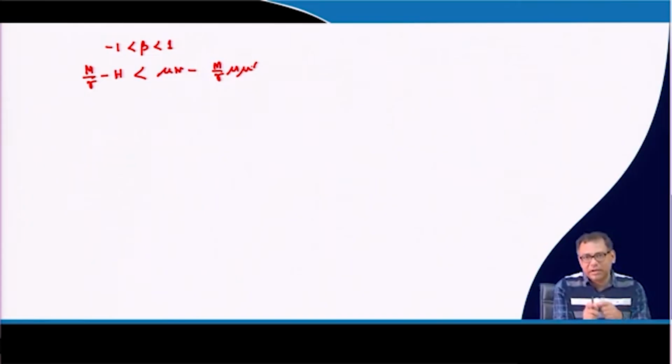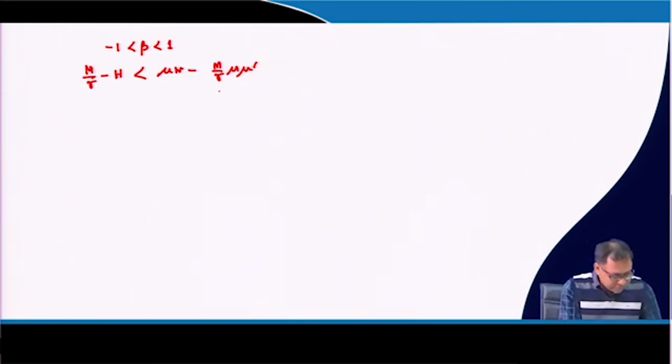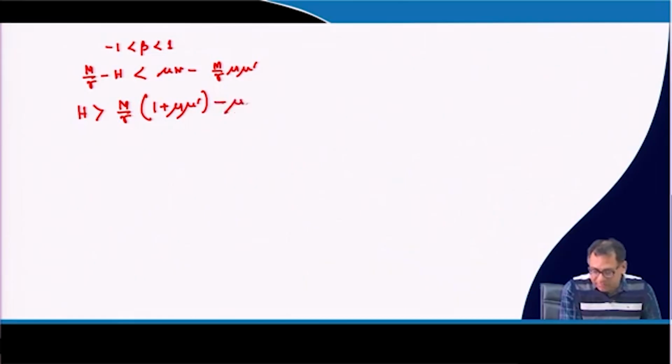If you consider beta should be greater than minus 1, then another condition will appear. So, for these two conditions, if I take this one, then I have to write that the horizontal force should be greater than H, M by r (1 plus mu dash minus mu W).